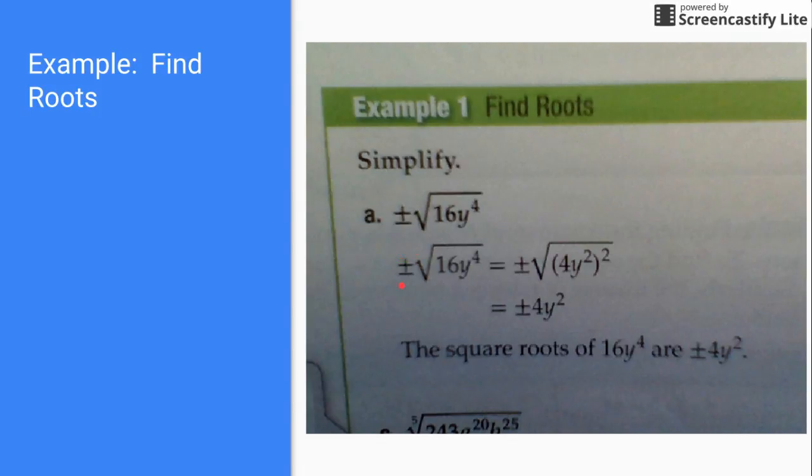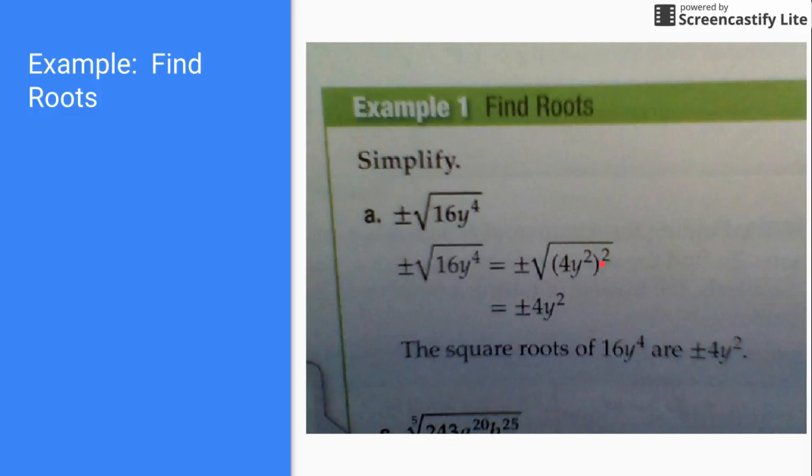Anyways, we're going to simplify it, specifically the numbers in here. Now, how do you cancel out a square root? You got to square it. So we, fortunately, can simplify both of these by square rooting both of them. So 16 square rooted equals 4, and y to the fourth square rooted equals y squared.